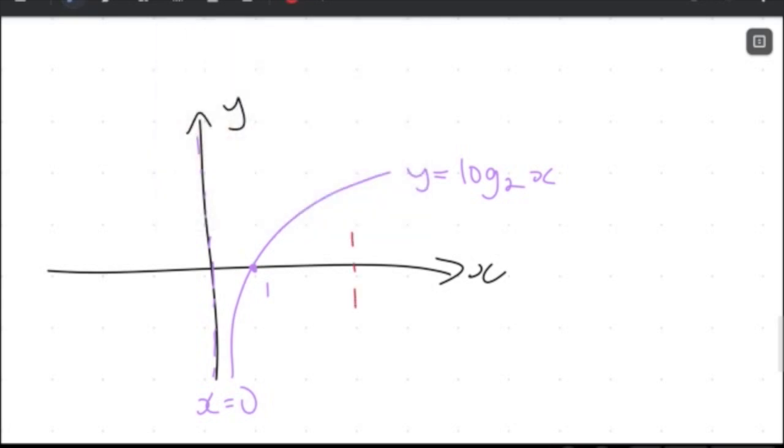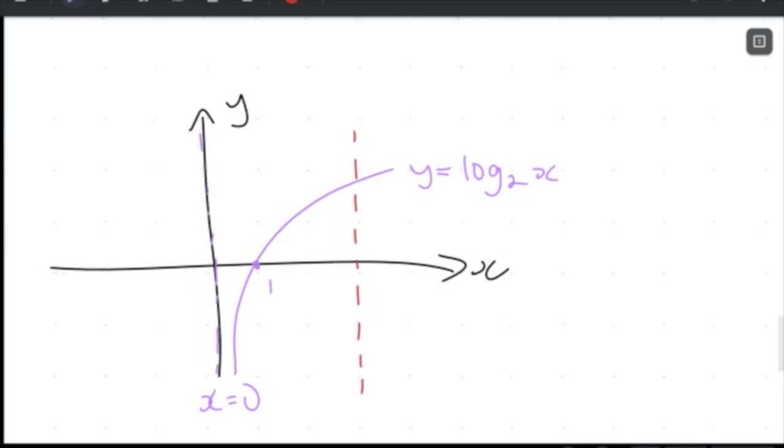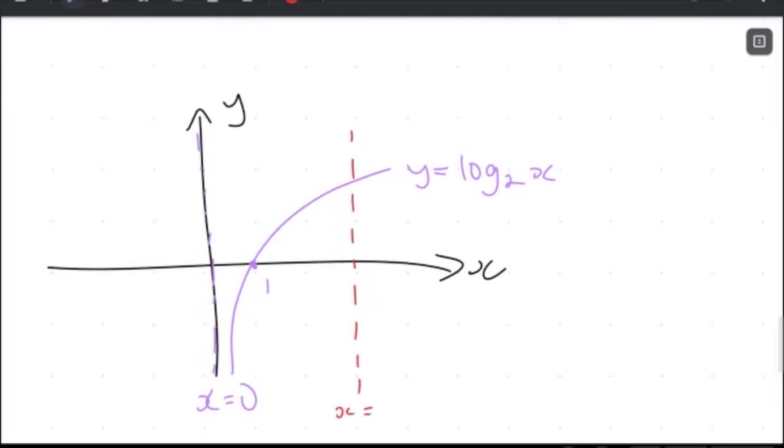If I do this, my asymptote is going to go from x equals 0 to x equals 3. And my intercept of 1 is going to get shifted 3 units as well. So instead of the point 1, 0, we have the point 4, 0.